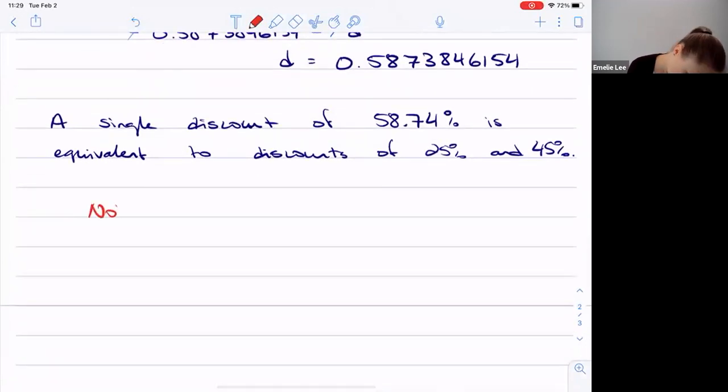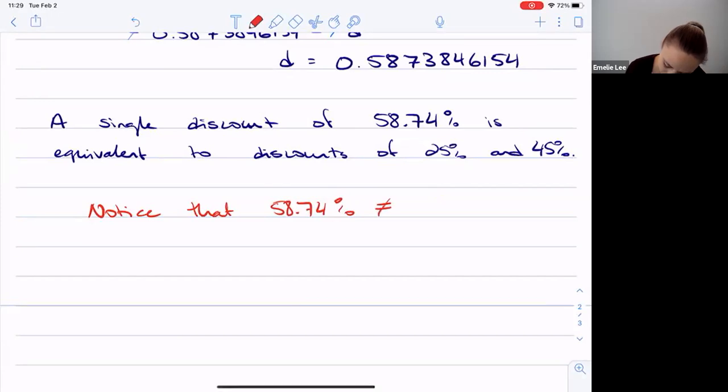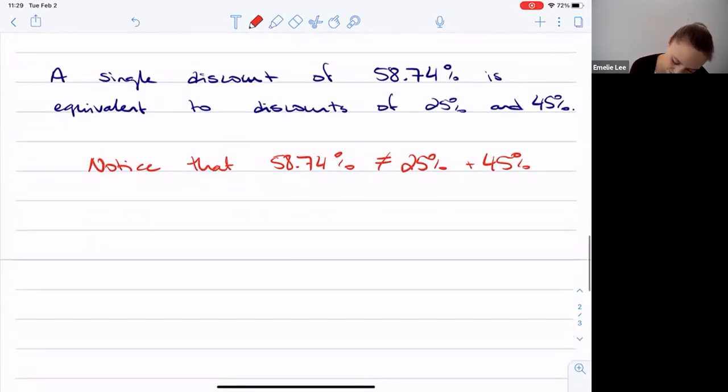Notice that 58.74% is not the same as 25% plus 45%, right? 25 plus 45 is 70%. Okay, that's going to be really important.